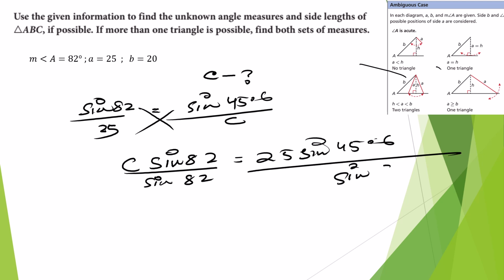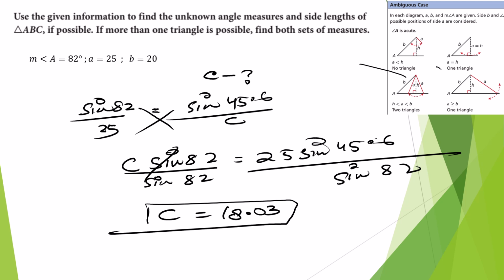So what do we get? We get C equals, writing in the calculator, 25 sine 45.6 divided by sine 82. So we will get the side as 18.03. So fair enough, this is how we find all the remaining angles and sides.